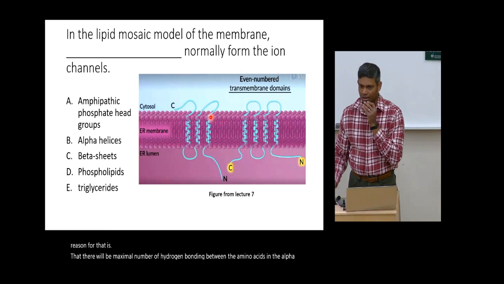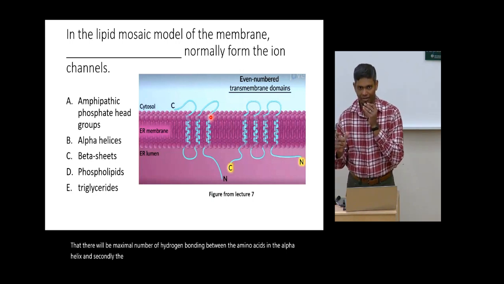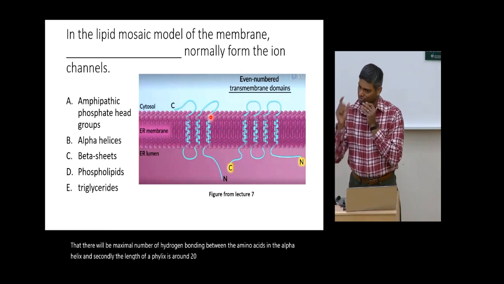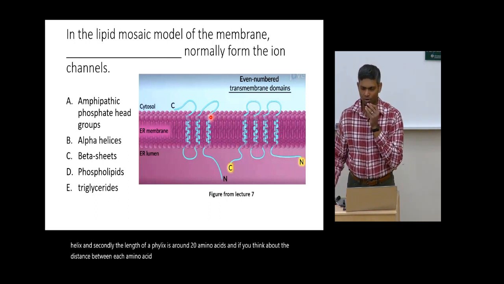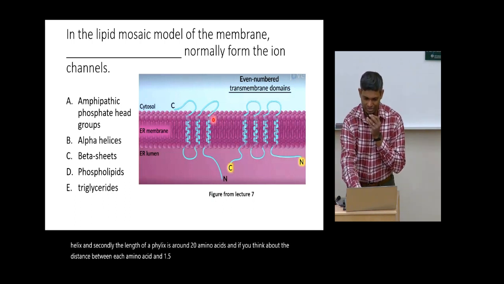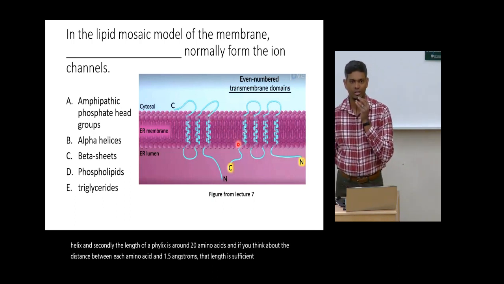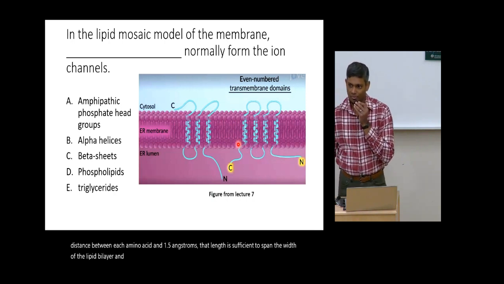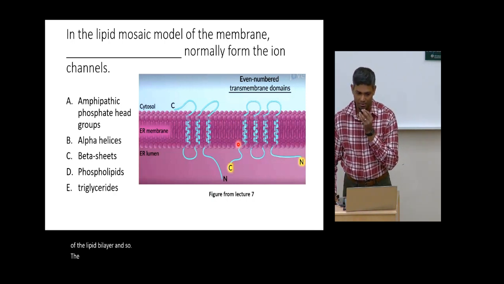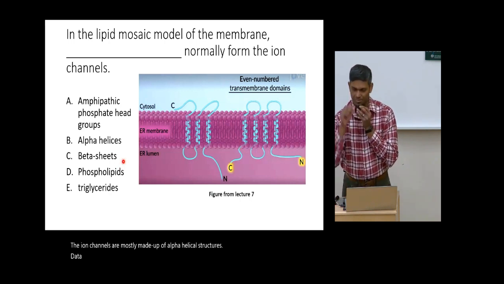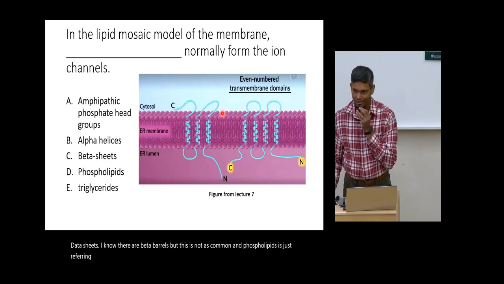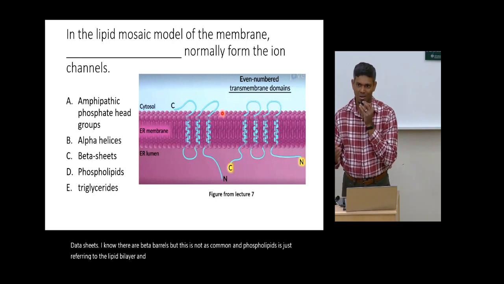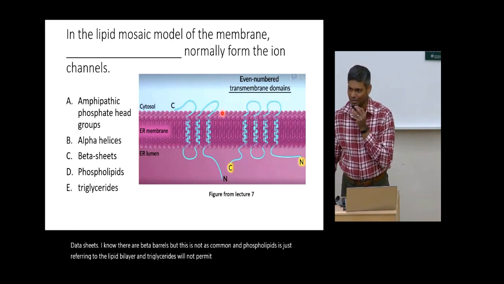Secondly, the length of an alpha helix is around 20 amino acids, and with around 1.5 angstroms between each amino acid, that length is sufficient to span the width of the lipid bilayer, so ion channels are mostly made up of alpha helical structures. Beta sheets, I know there are beta barrels, but this is not as common. Phospholipids just refers to the lipid bilayer, and triglycerides will not permit something hydrophilic to get through.